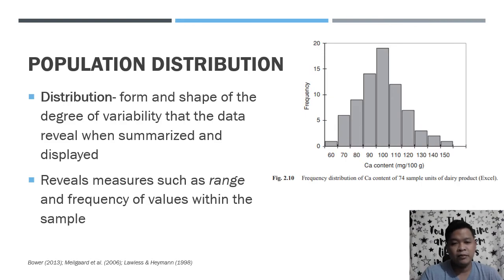So again, the distribution refers to the form and shape of the generated curve, which usually gives us an idea into the variability and whether or not this would approximate the normal distribution. Although I don't think we usually do this in our regular sensory tests, such that you generate frequency distribution curves for responses, it's still a good thing to do, especially if you want to look at the veracity of our information.